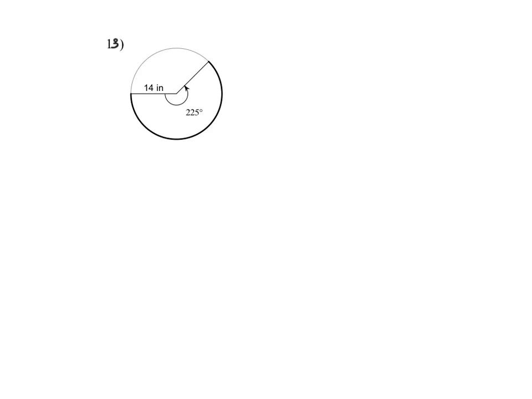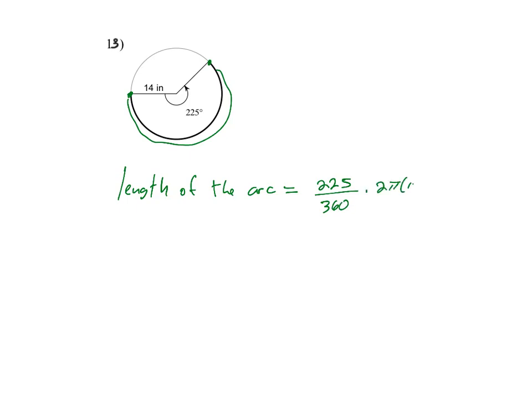The second one, again, I have 225. And I want to find this whole arc. So the length of the arc equals 225 divided by 360 times 2 pi times 14.